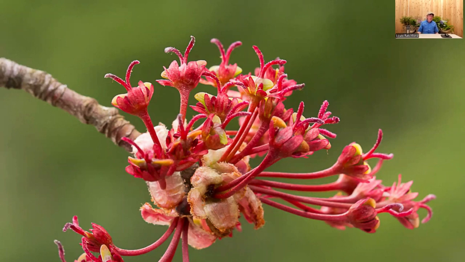These are the red maple flowers, and they are spectacular. The bees just go after these like you wouldn't believe. They also are pollinated by air from the wind blowing on them, but I have seen bees on these too.